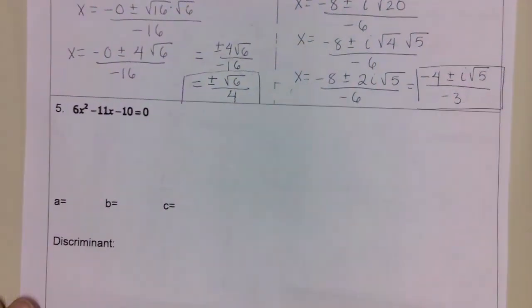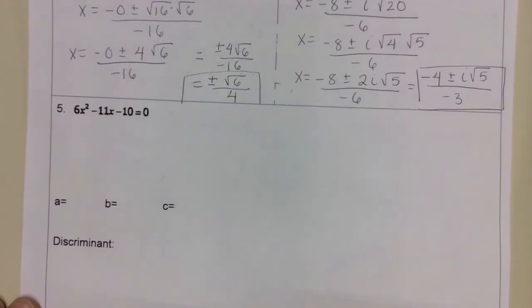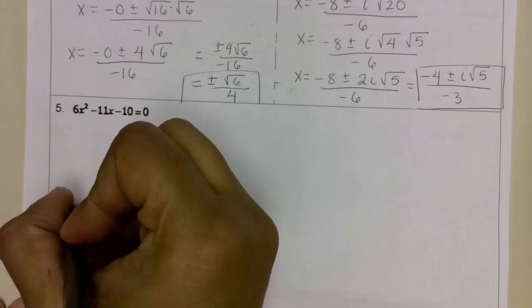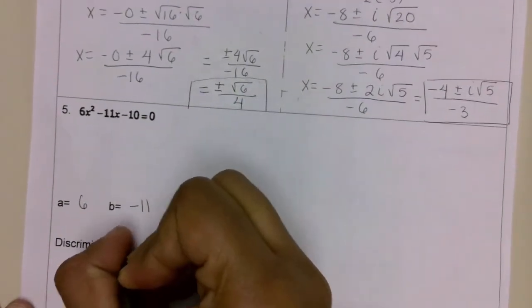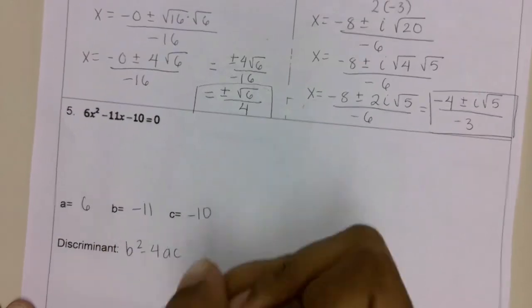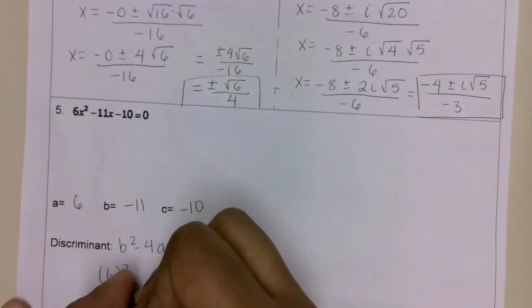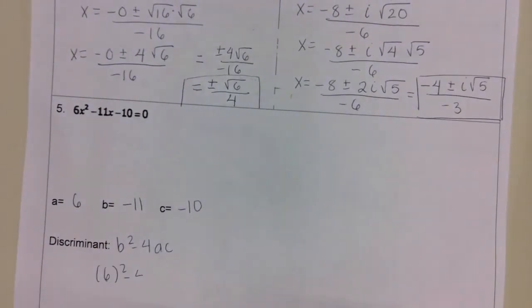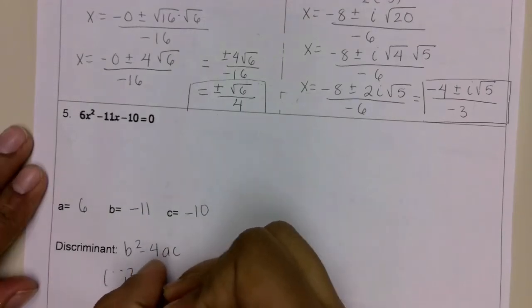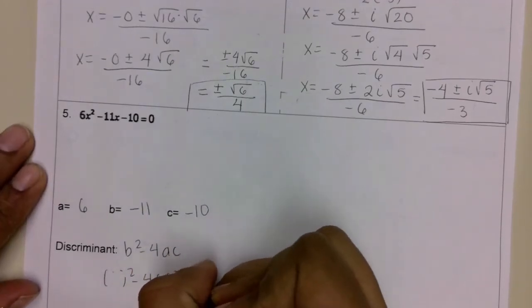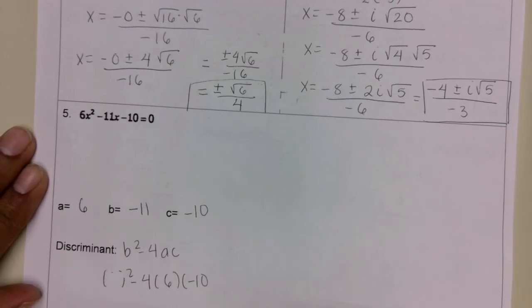All right, the last one, number 5, 6x squared minus 11x minus 10 equals 0. Already set equal to 0, so you can find your a, your b, and your c, and find your discriminant. So b squared, excuse me, not 6 squared, b squared. So negative 11 squared minus 4 times 6 times negative 10.